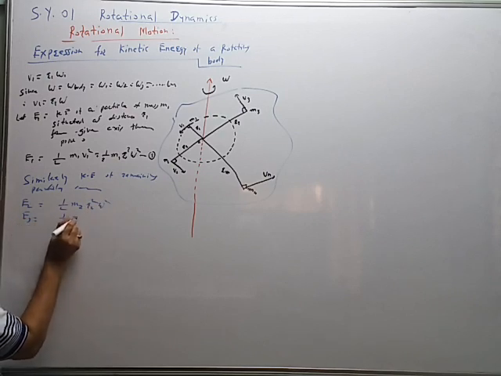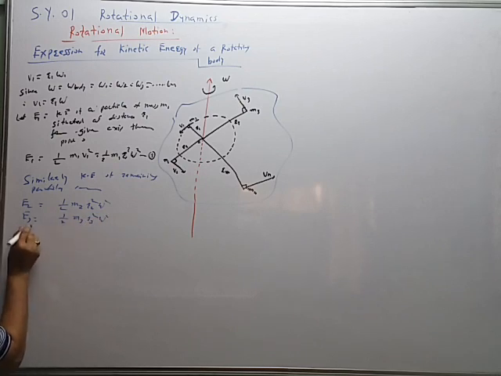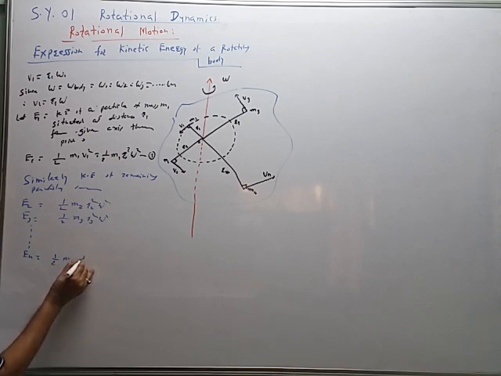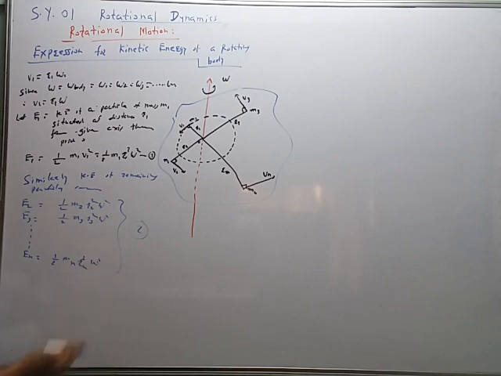E3 is equal to 1/2 m3 r3 square omega square. En is equal to 1/2 times the mass of the nth particle, times the radius of circular path of the nth particle rn square omega square. So this is equation 2.